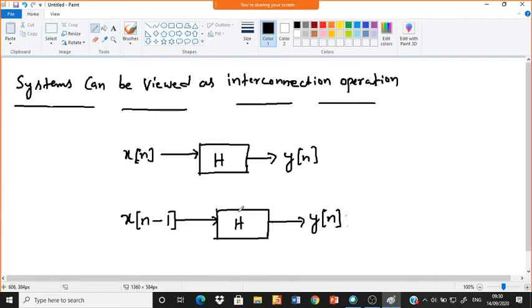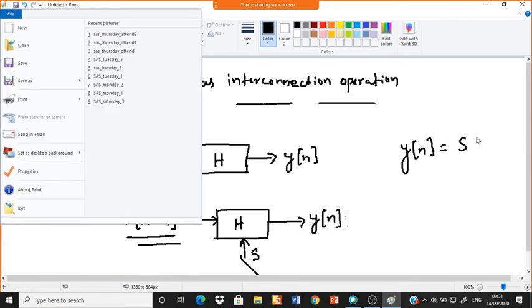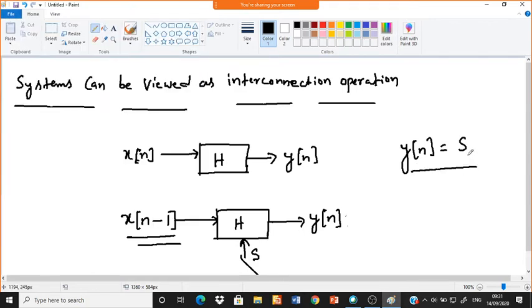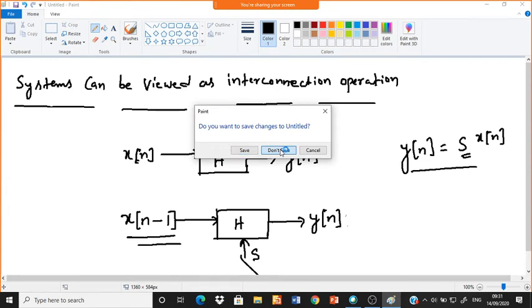It can be defined in terms of shift operations, as y of n equal to s times the input signal x of n, because this s denotes the shifted version, how much it is going to shift.